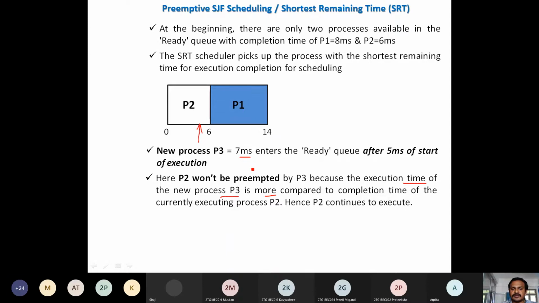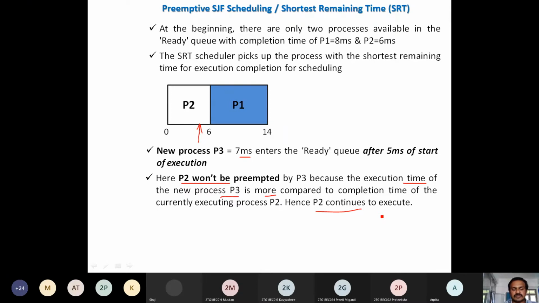It is only 1 millisecond. So P3's complete execution time is more compared to P2. So P2 will not be preempted. So it is going to continue its execution, and P2 is going to complete its process.